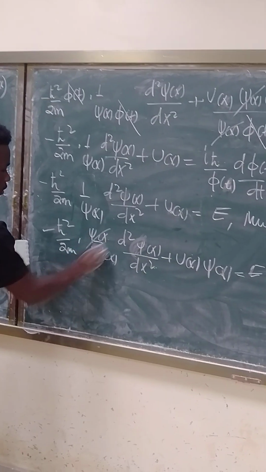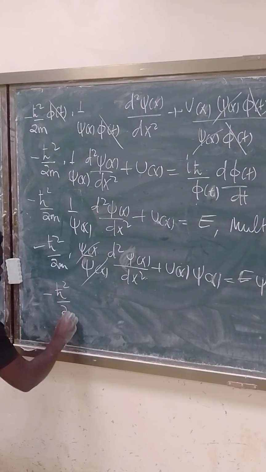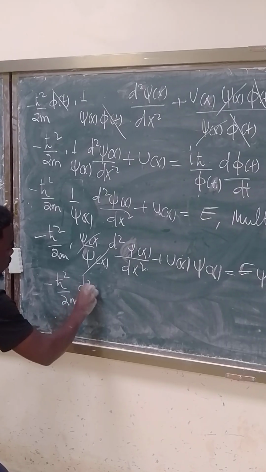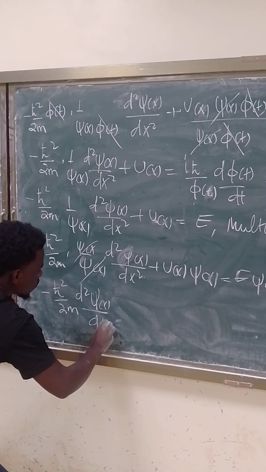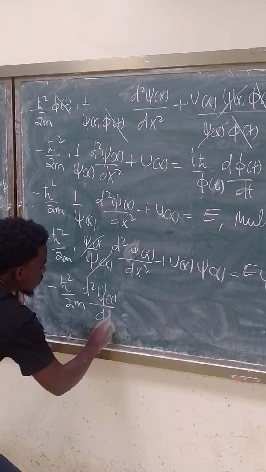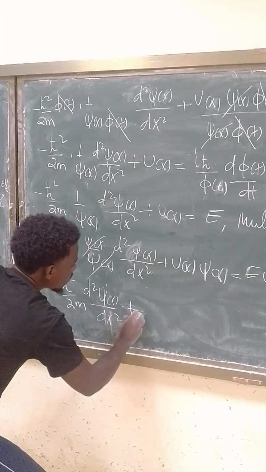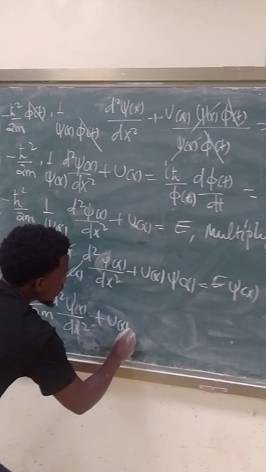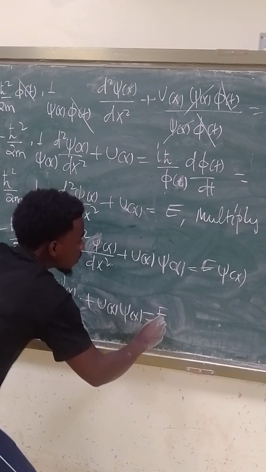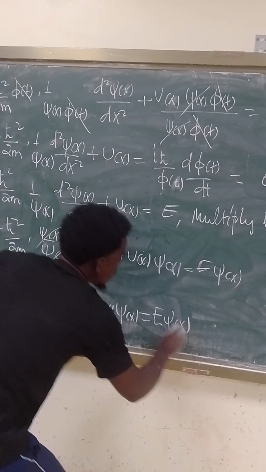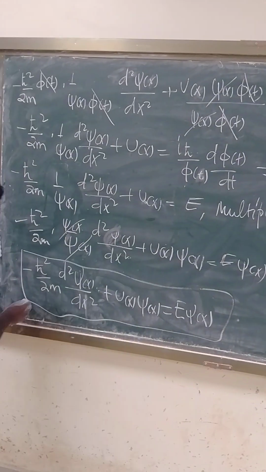So this psi of x can go together, then we have minus ħ squared over 2m d squared psi over dx squared plus the potential energy of x times psi of x, which is equal to E psi of x.